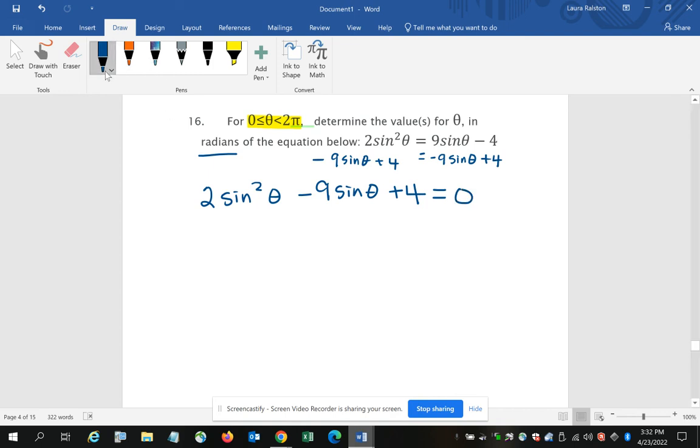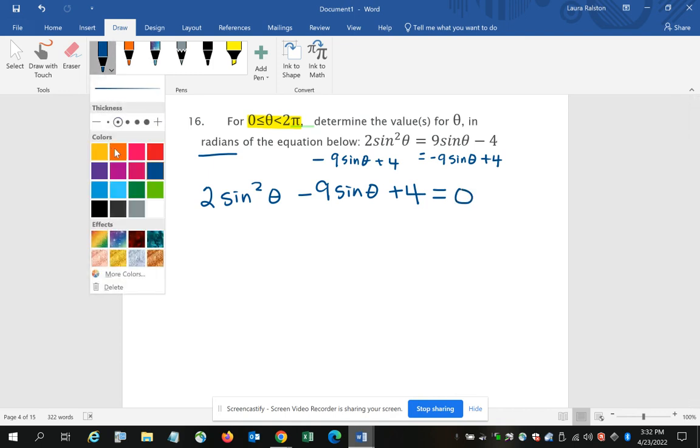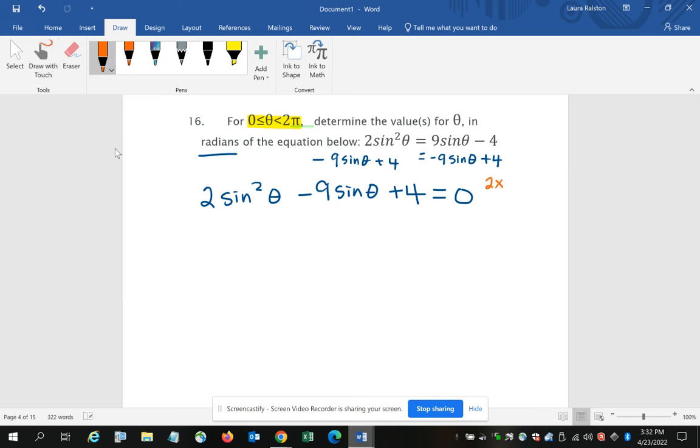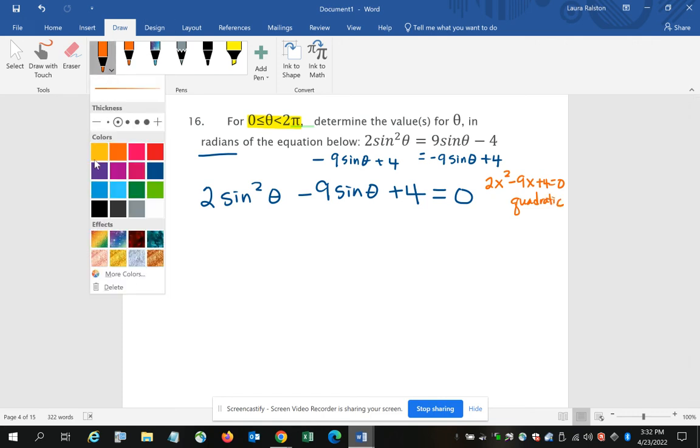Now guys, that should remind you of something from your algebra days. That should look like 2x squared minus 9x plus 4 equals 0. It's a good old basic quadratic.